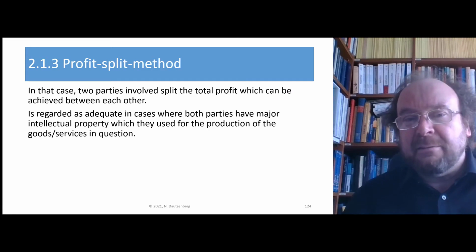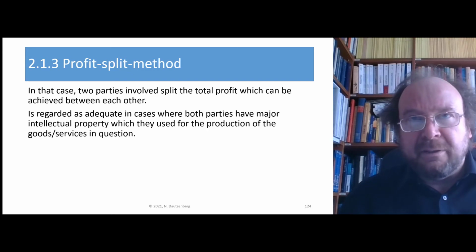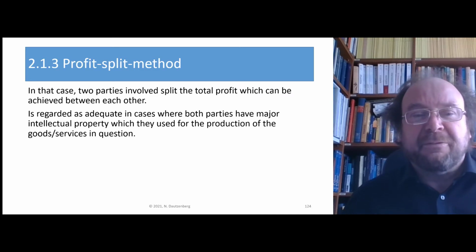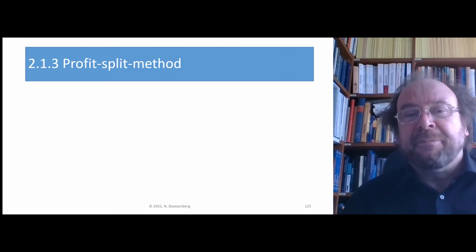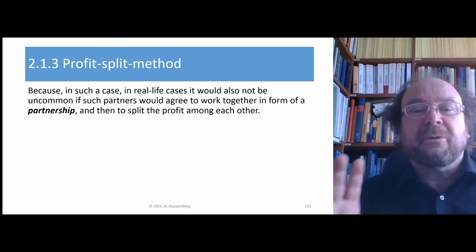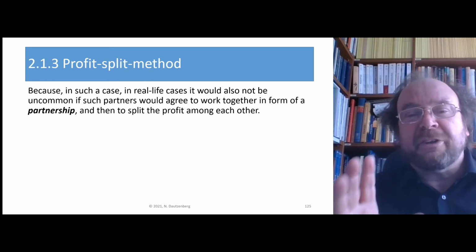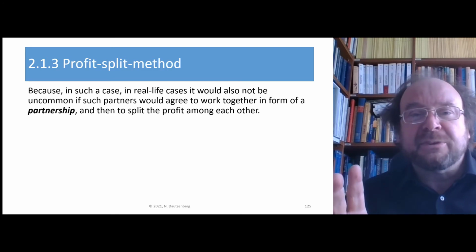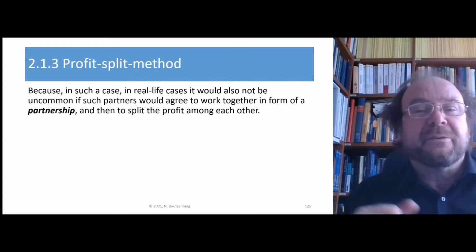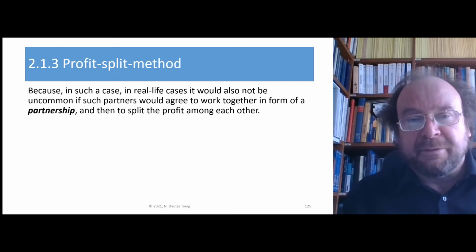That can be a reasonable approach in those cases where both partners have some elements which make them relatively strong in negotiations, and where one could argue if two partners with these abilities would work together in a partnership, then they would probably split up the profit from the partnership according to that percentage, which here has been chosen to attribute part of the profit to the one partner and part of the profit to the other partner.